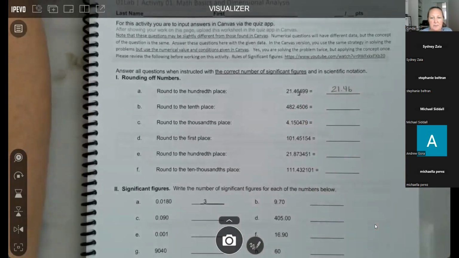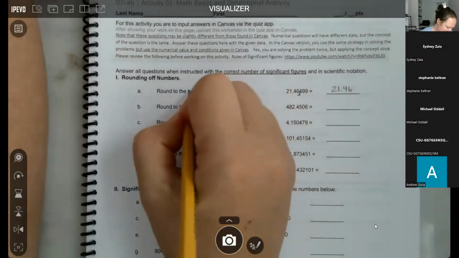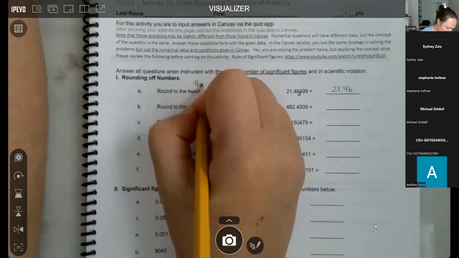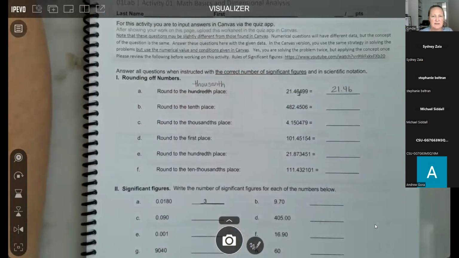So you would get 21.46. But in Canvas, it said, at least when I did it, to do it to the 1000th, right? Most of these, they wanted you to do differently in Canvas. I think that's one of the anti-cheating measures that the lead for this course put in.